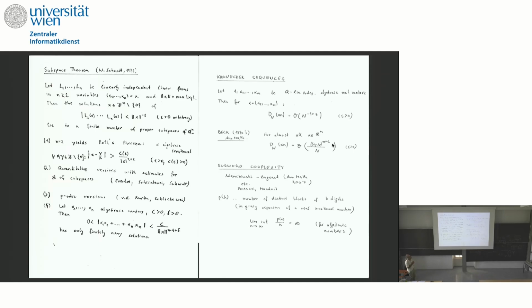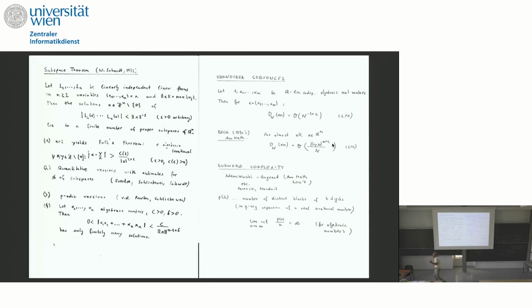And this is a paper, it's also an Annals paper by Adamczewski and Bugeaud, and there are also Ferenczi, Mauduit and others related to this kind of problems. It is devoted to estimates for the so-called subword complexity.